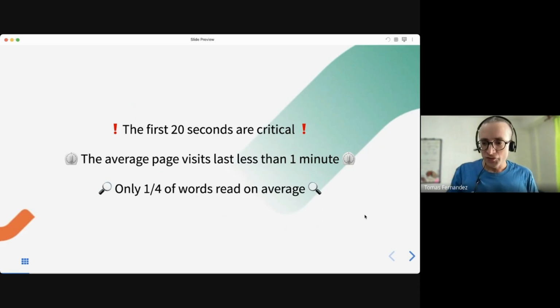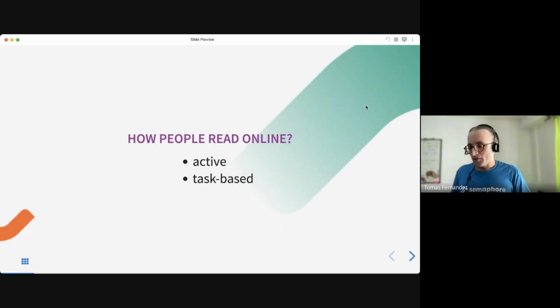What I mean is that people online are different from people reading a book or a magazine, because they're active, they're searching, and they're looking for something that will solve a problem.